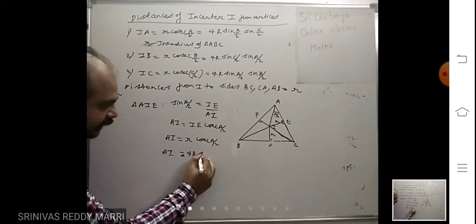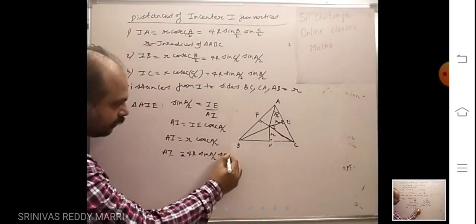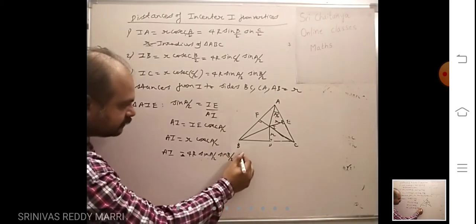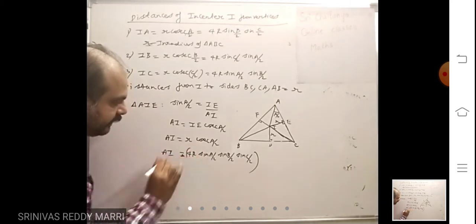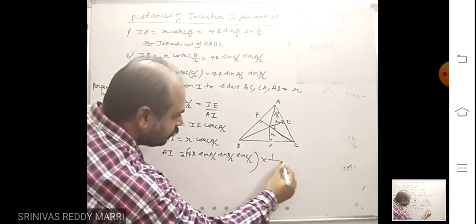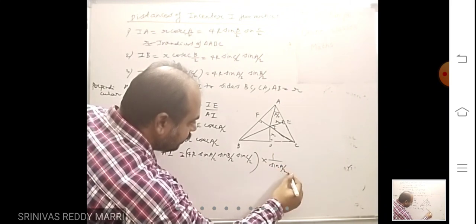Now r has a formula, what is that? 4R sin A by 2 sin B by 2 sin C by 2 into 1 by sin A by 2.